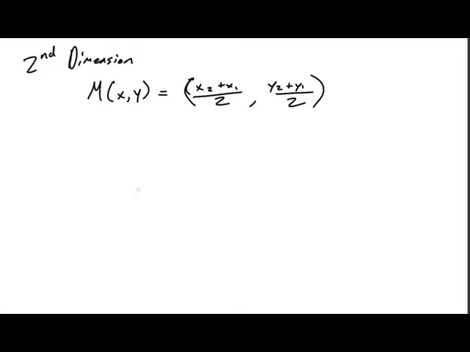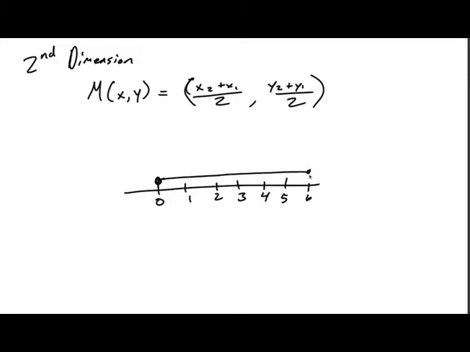We know that my first dimension, if I'm talking about a number line, is 0, 1, 2, 3, 4, 5, 6. Let's say I had a segment from 0 to 6, and I want to find the midpoint. Well, I find the difference between my x2 minus x1, and I divide by 2.